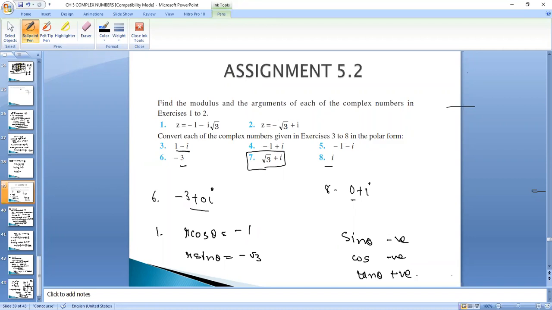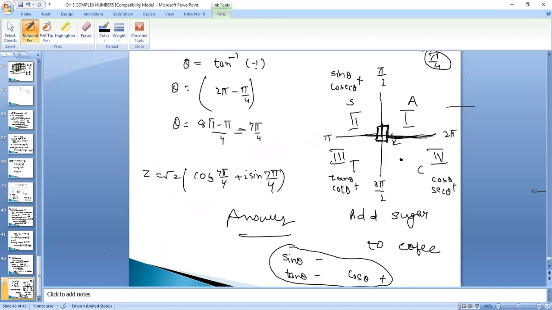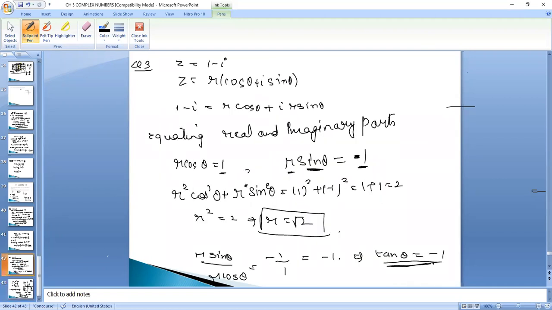You will now think which quadrant it will be. Sine, cos negative and tan positive. Third quadrant. Now theta will lie in the third quadrant. This way you will check the quadrant and shift the angle to that quadrant. Okay.